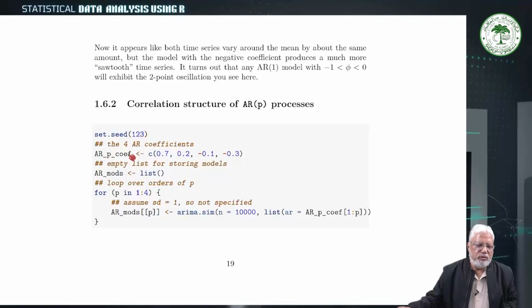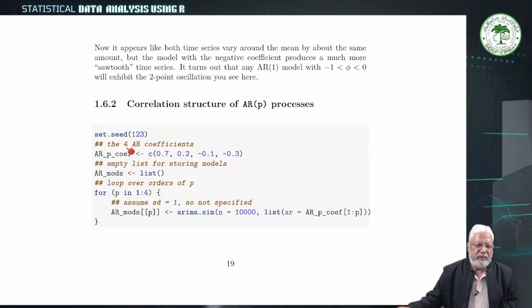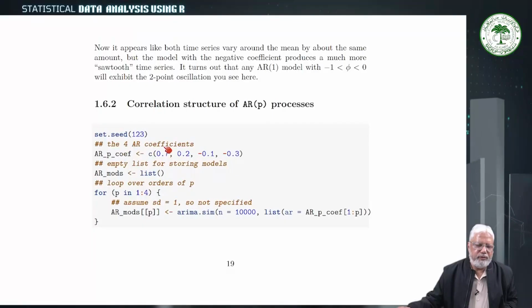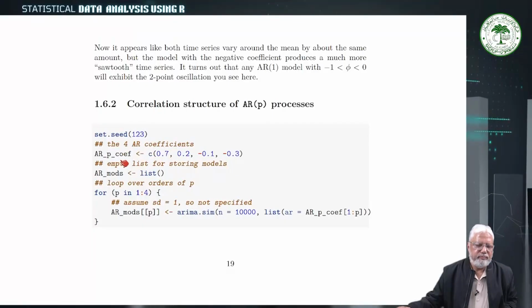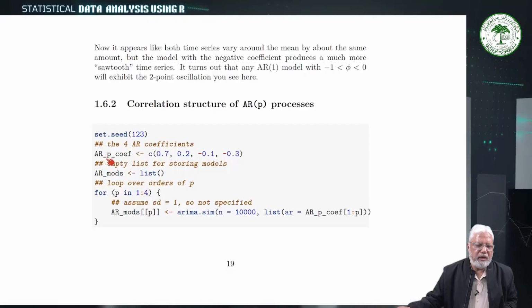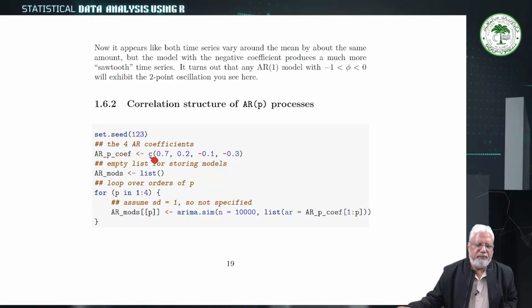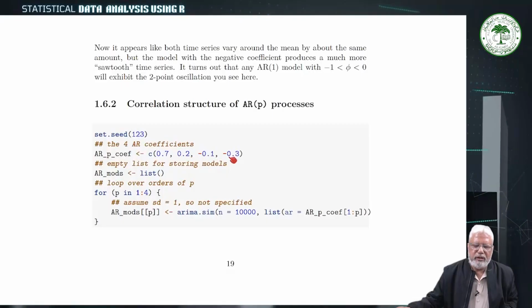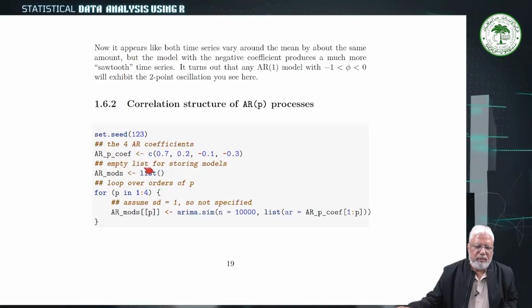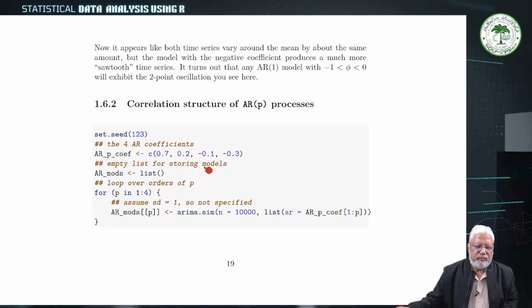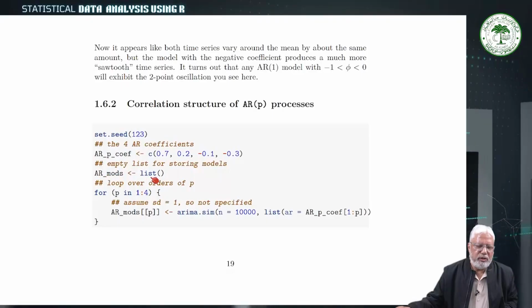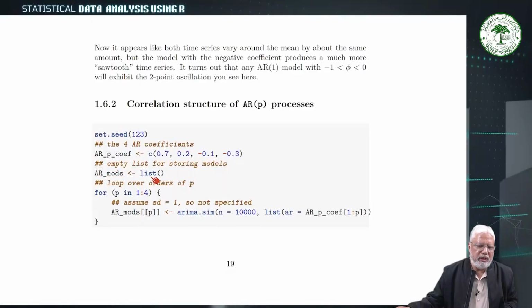Set.seed(123). The 4 AR coefficients are AR_p_coef: 0.7, 0.2, -0.1 and -0.3. An empty list for storing the models: AR_models is equal to list(), so it is an empty list.